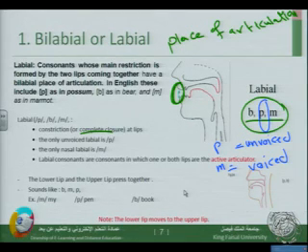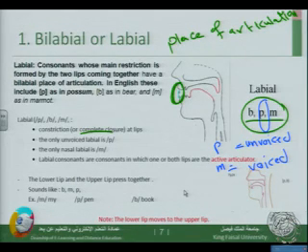M and P, for example, have common features, related characteristics, which is the place of articulation. Both of them are bilabial, but M is voiced, P is voiceless or unvoiced.